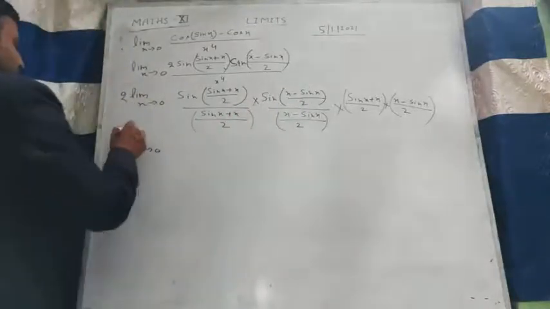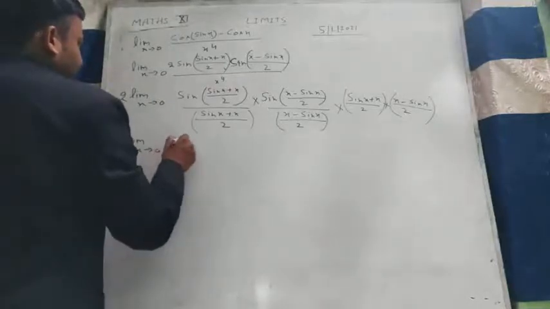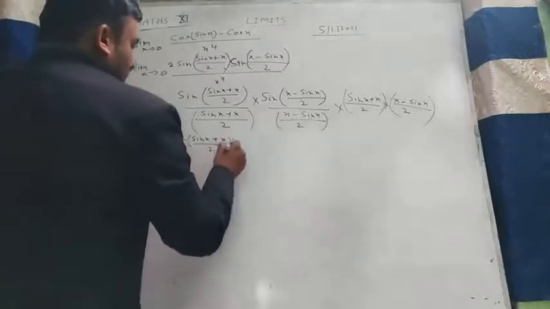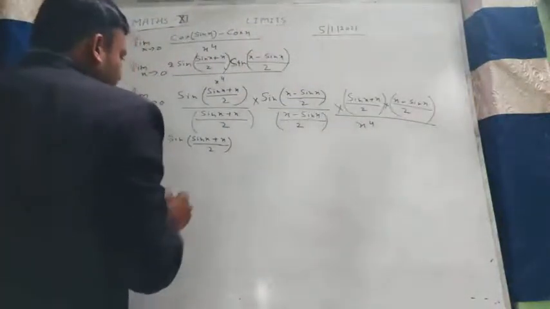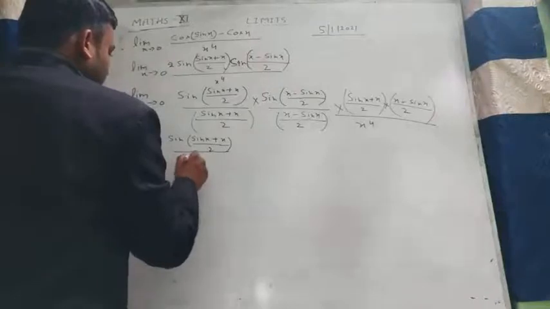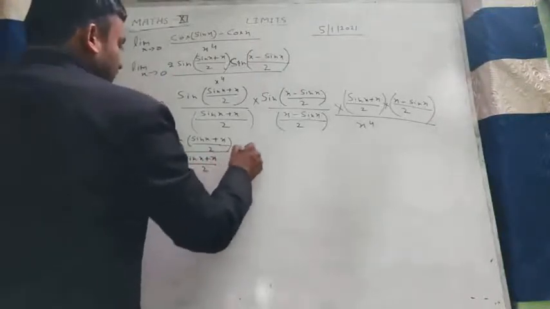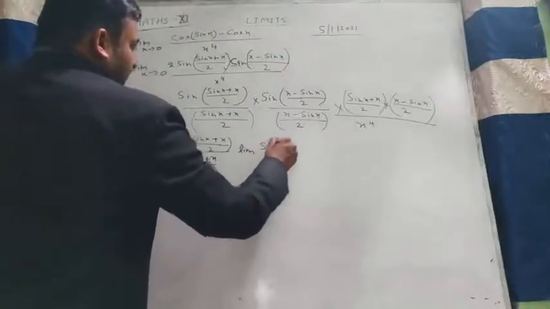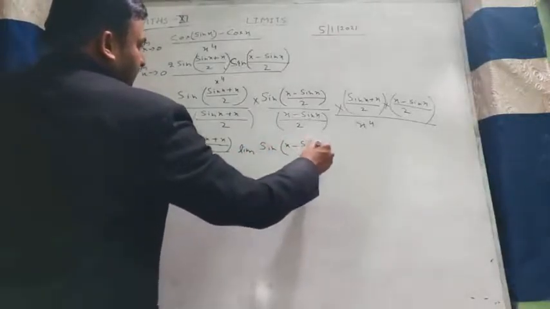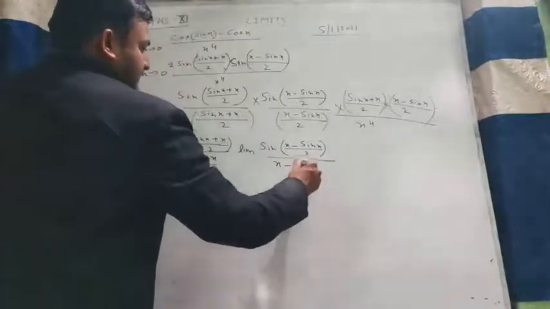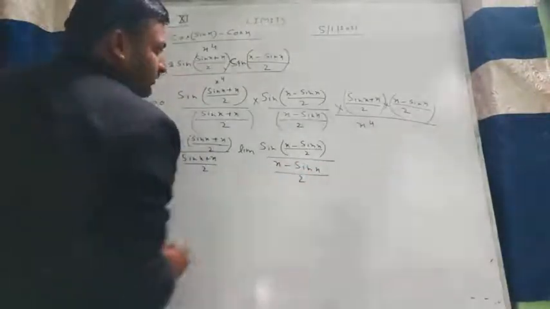Okay, student. So we take the limit separately. We write sin of (x plus sin x) by 2, here divided by x to the power 4. So we write (sin x plus x) by 2 into limit of sin((x minus sin x) by 2) by ((x minus sin x) by 2).